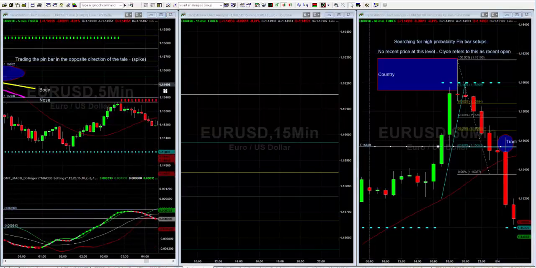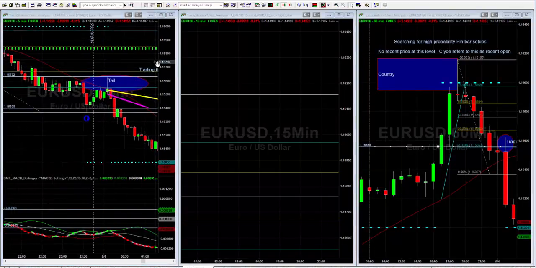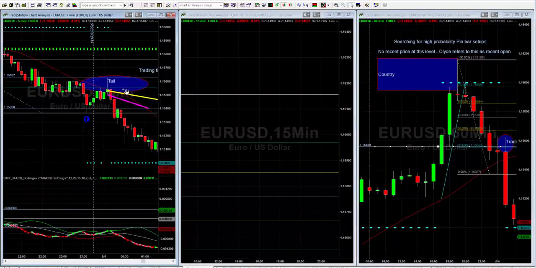If you have a look at this pin bar, the left side is open. We don't want to see, as in the last 4 to 5 bars, price trading in this area here. We want to see price action fall away from the body of the pin bar. Does that make sense? And that's what we're looking at.